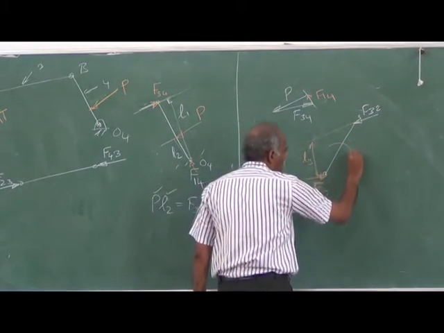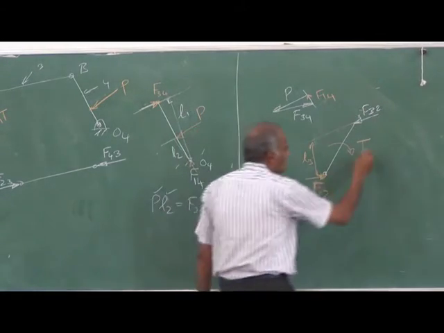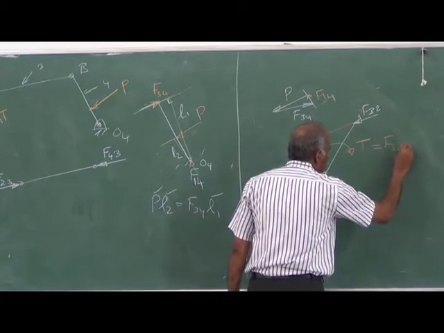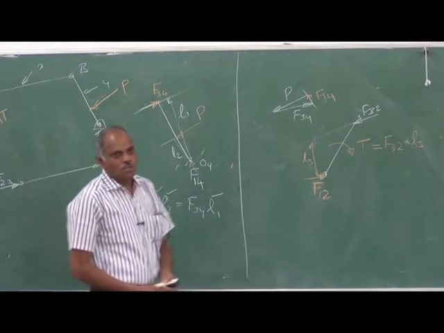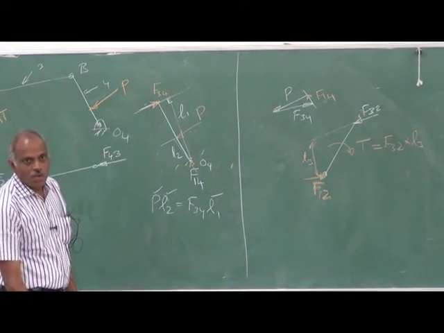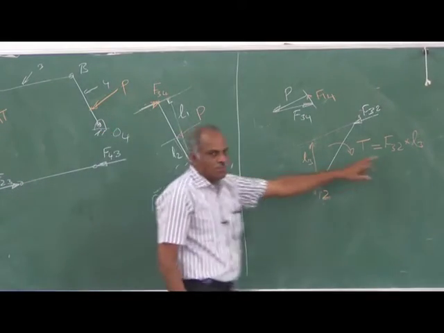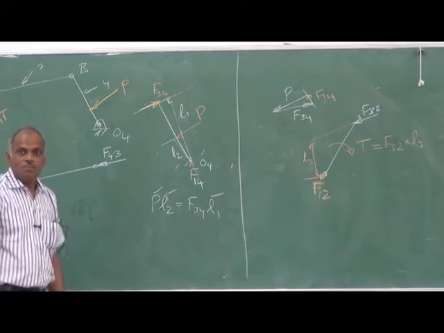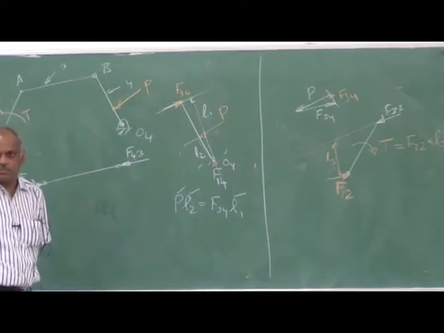So you have to apply an opposite couple, or torque, to balance it. By magnitude it is F32 into distance L3, but the direction will be clockwise. So that will be your holding torque. This is producing anti-clockwise, so whatever you apply must be like this.